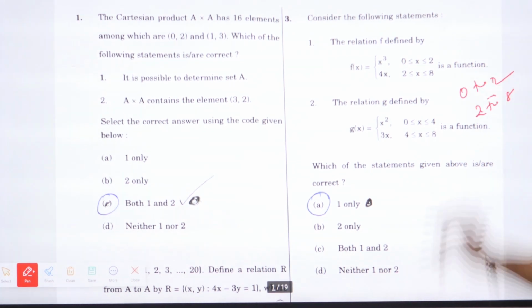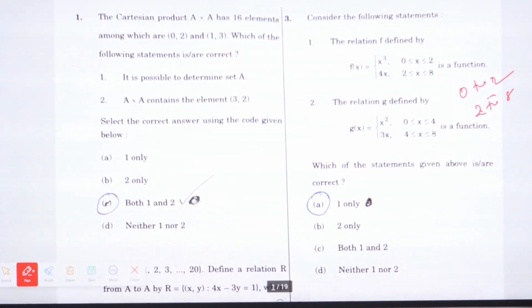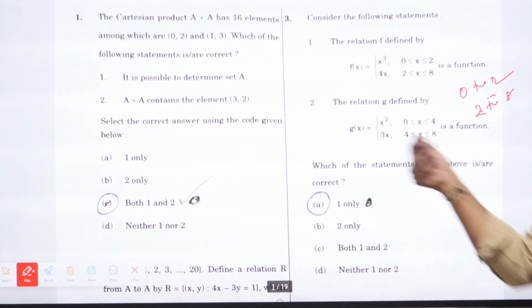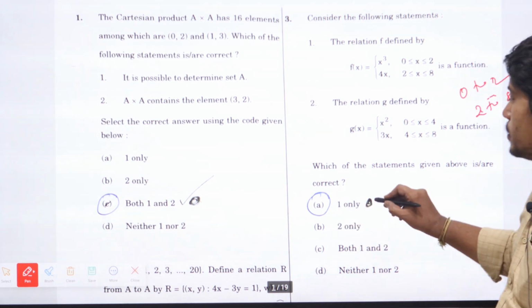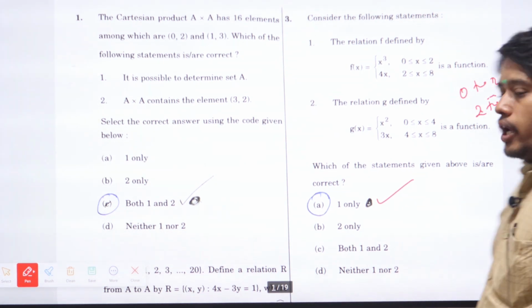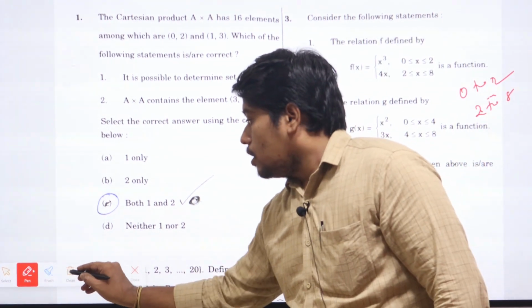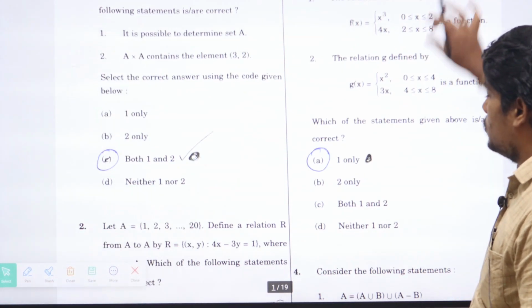So we have to substitute each and every value from 0 to 8, and similarly for the relation g defined by the functions, substitute the values at the limits. So we get the final answer: f of x is a function and g of x is not a function. Okay. So next we will move to question number 4.